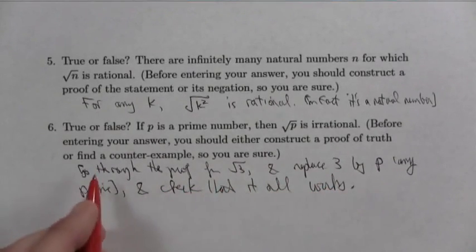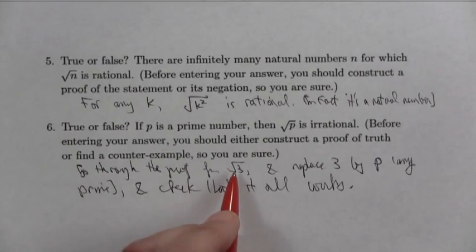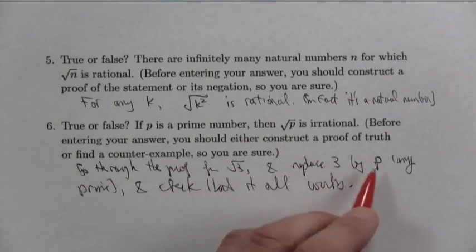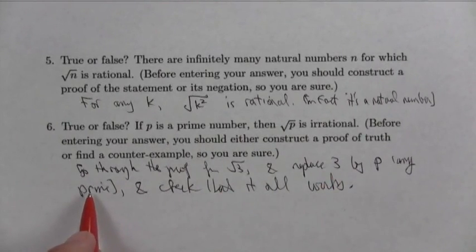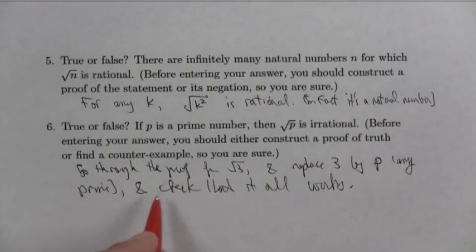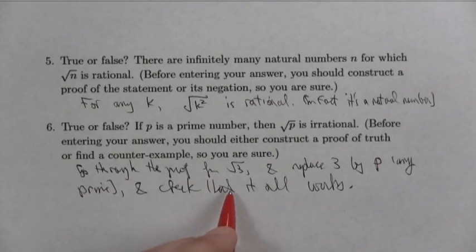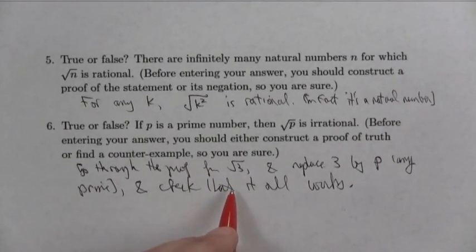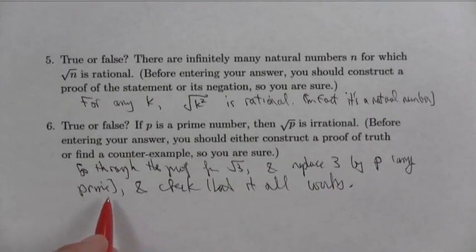I've already gone through the proof of the square root of 3 in the last tutorial session. Just go through that, replace 3 by p, and ask yourself, is there anything in that proof for 3 that doesn't work for all primes p? And the answer is no. I've told you the answer, but you should go through and check that for yourself.